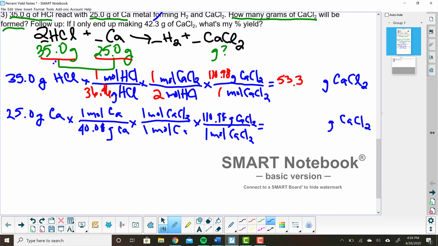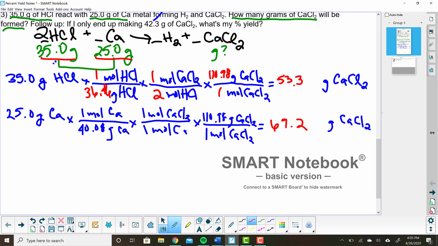So that's my setup. I just need to do a calculation, multiply across the top, divide by anything in the bottom, and I get 69.2 as my answer. That's how many grams of calcium chloride could be produced from 25 grams of calcium.